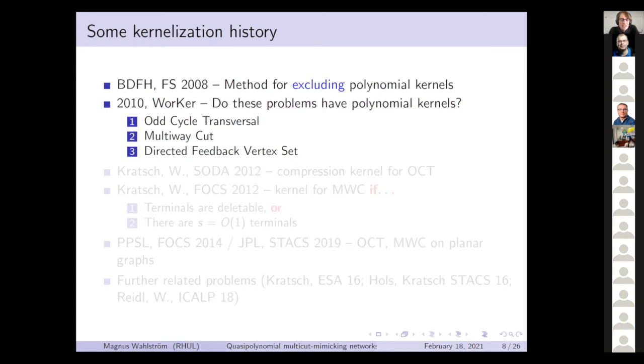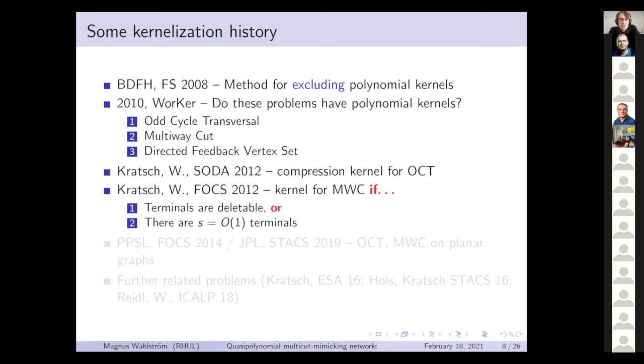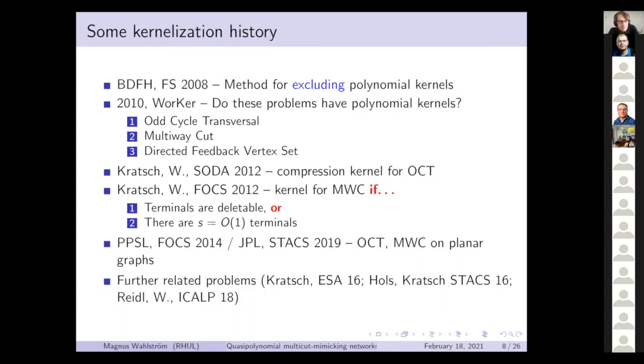Among these three, Odd Cycle Transversal was given a kernel within a few years using tools which I'm also using in this paper. Multiway Cut is the one we're still bashing away at, and Directed Feedback Vertex Set has been completely resistant. I think we still have no idea about Directed Feedback Vertex Set.